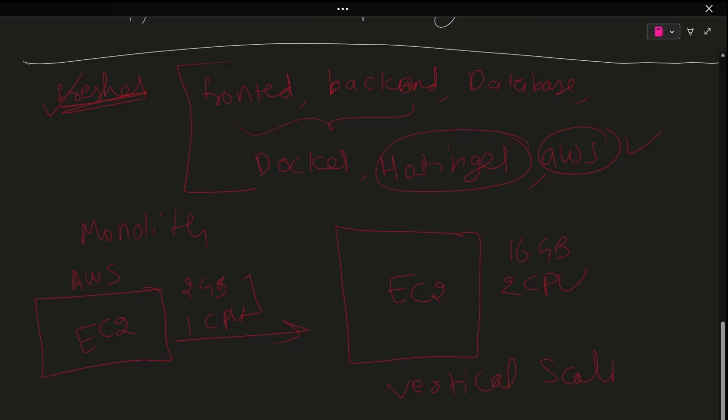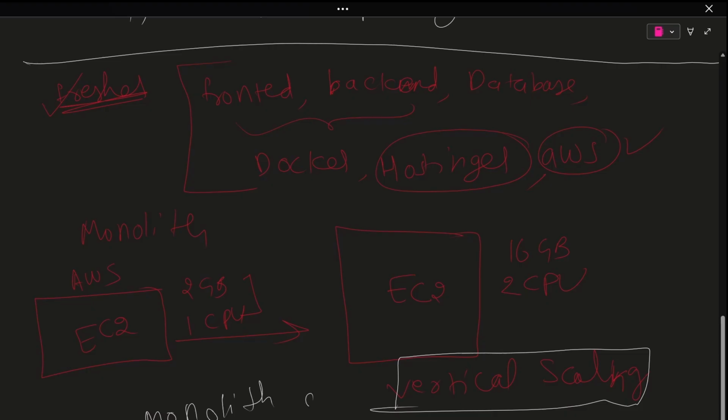Okay. Now why am I discussing this again? If you are doing vertical scaling, this is known as a single monolithic code. So monolith, the name says mono, it's nothing but a single repository that contains all code.